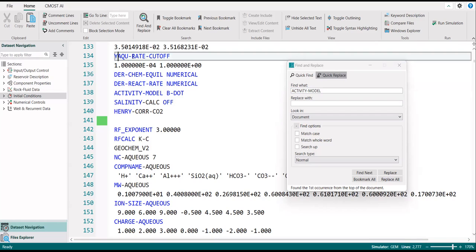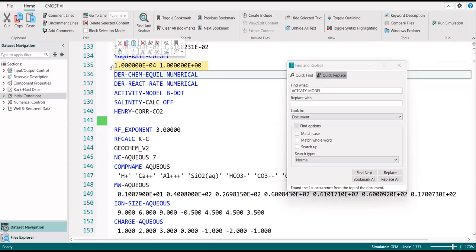All right, and then why accurate cutoff? Okay, this is mineral dissolution or precipitation rate are set to 0 if the mole fraction of the gaseous component in the aqueous phase is less than this specified limit. This is what we set in WinProp.